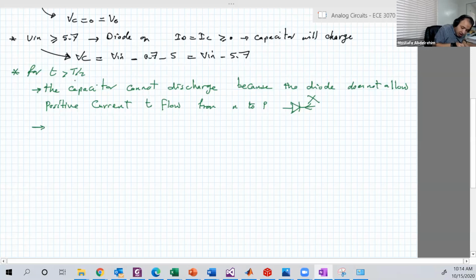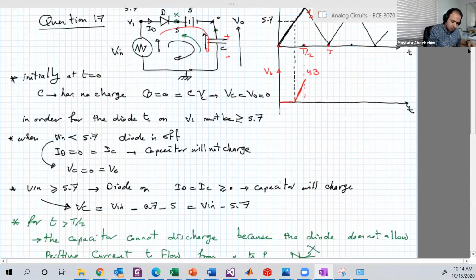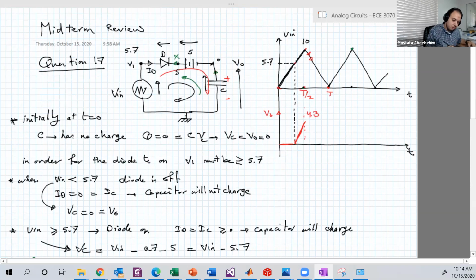After t larger than T over 2, the diode is off all the time.